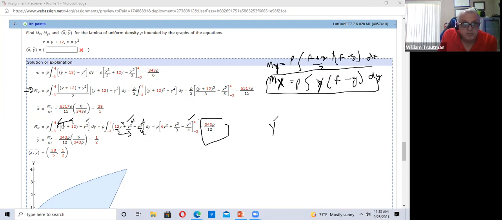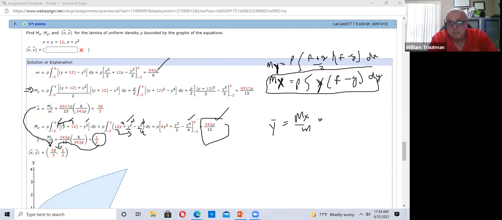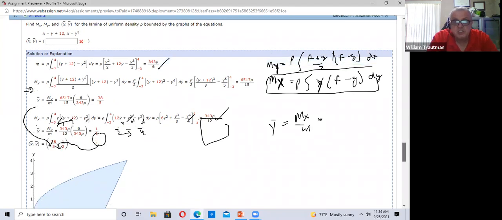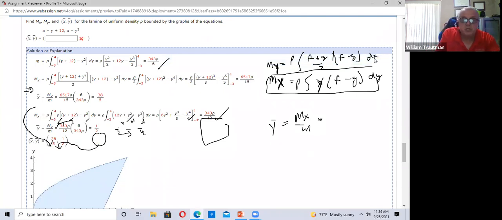Y prime, the center of mass for y, is mx over m. Once again, here's the mx, and we did the m up here. Divide those two, and this is what you get. And there's our x, and here is our y. So the formulas changed from what we wrote down.